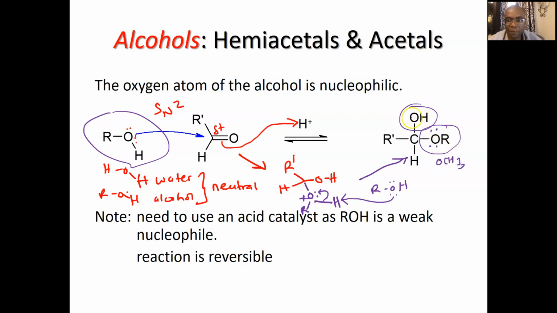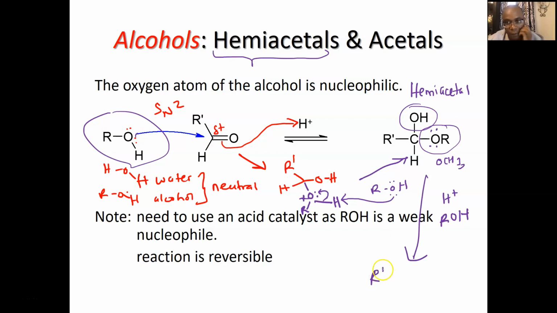Where you have an OH and an OR group, that's called a hemiacetal. That's this part. If these are taken one more step of addition, like we did here, you're going to end up with 2 OR groups. Whenever you have 2 OR groups attached to that carbon, that's called an acetal, which is this part here.